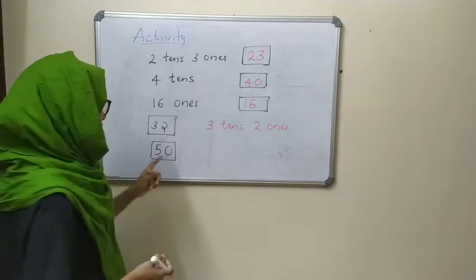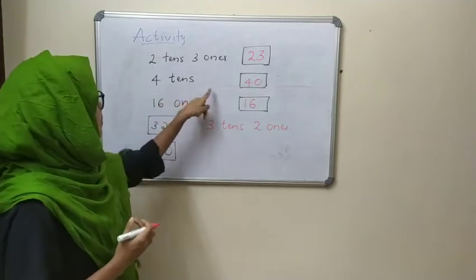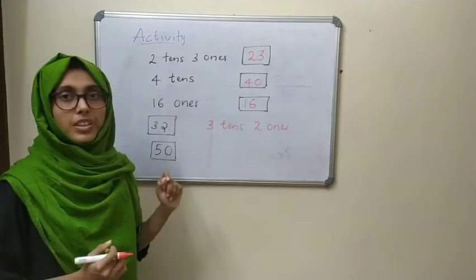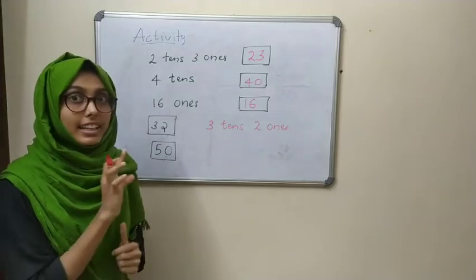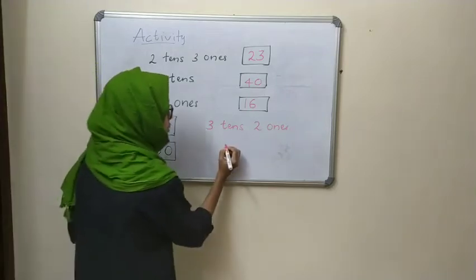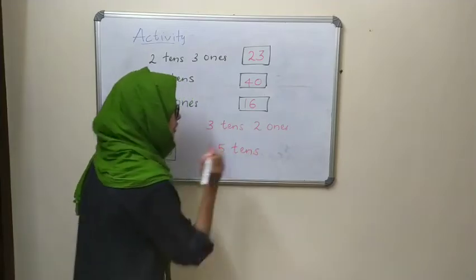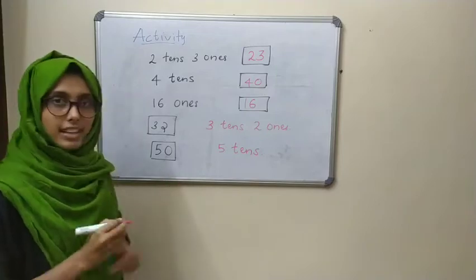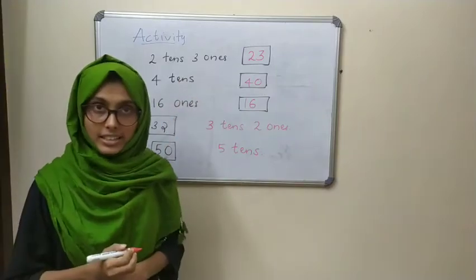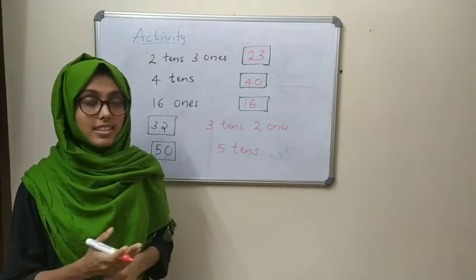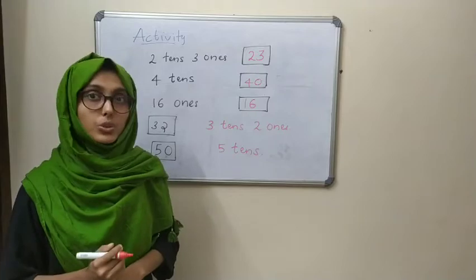Isn't it? Now look here, 50. How will you write 50? Like this, 4 tens are 40. So how many tens are 50? 5 tens are 50. You know that 5 10 rupees are 50. So like this you want to write. There is an activity in your textbook. So you all need to do that.